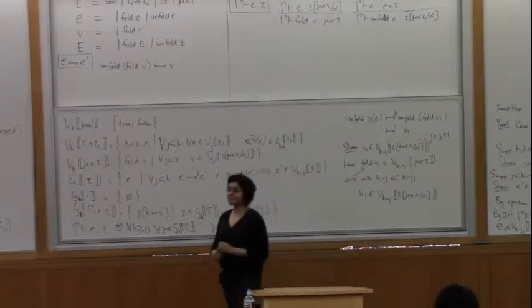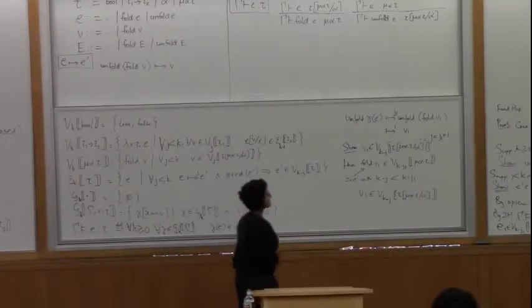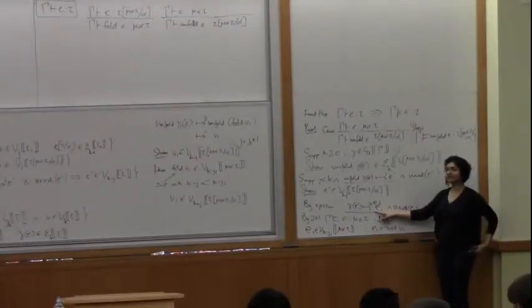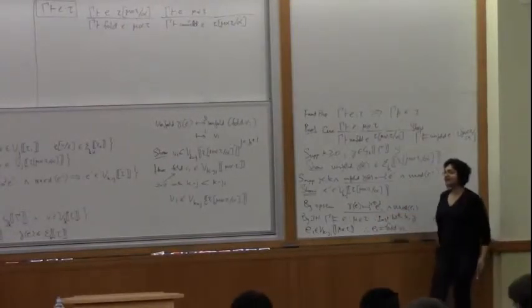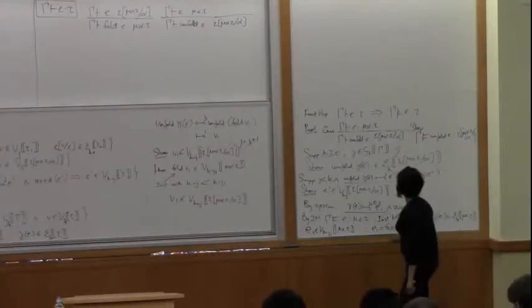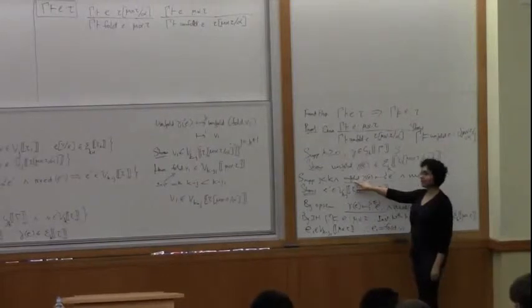Yes? What do we need to know exactly to extract that from the operational semantics? Okay, so we know here that unfold gamma e.